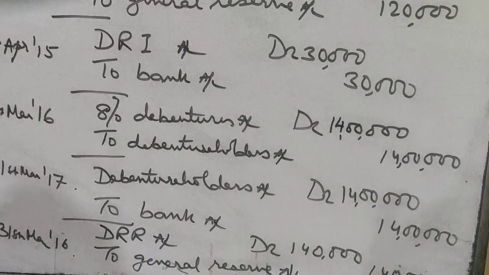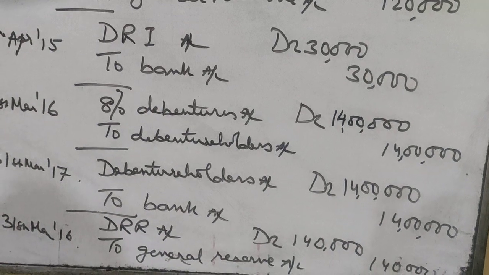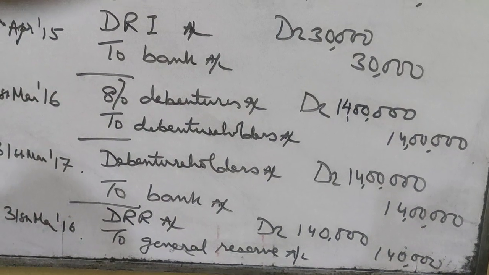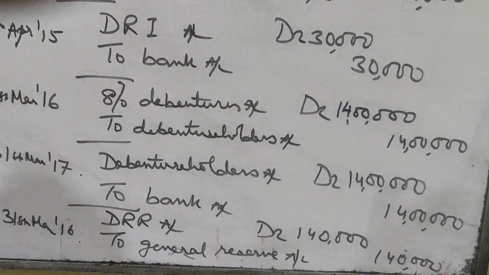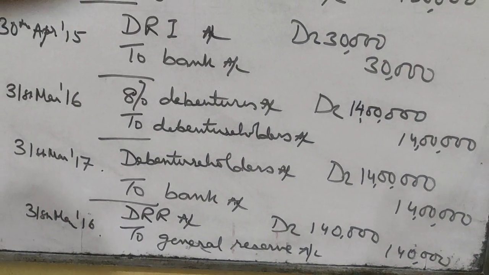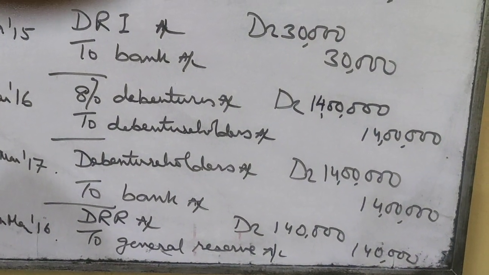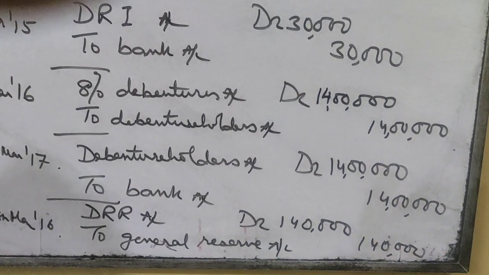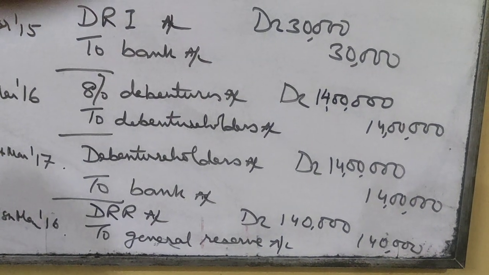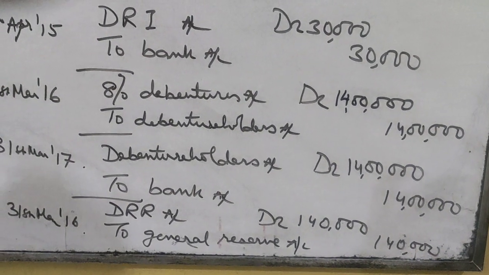So we have paid debentures of 14 lakh, and similarly 10% of that, 1,40,000, we will transfer from debenture redemption reserve to general reserve. So on 31st March 2016, we will pass the entry debenture redemption reserve account debit 1,40,000 to general reserve 1,40,000. Since we have redeemed debentures of 14 lakh, now we are not selling the investment. Why?